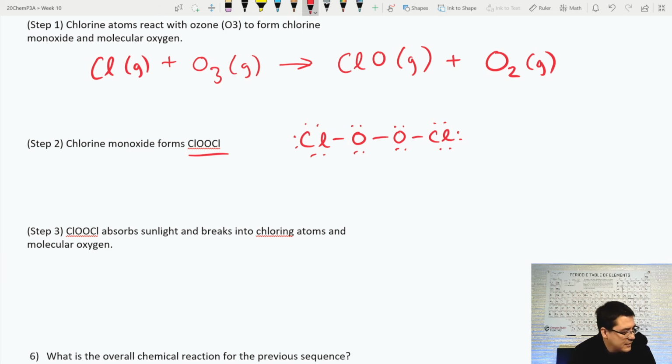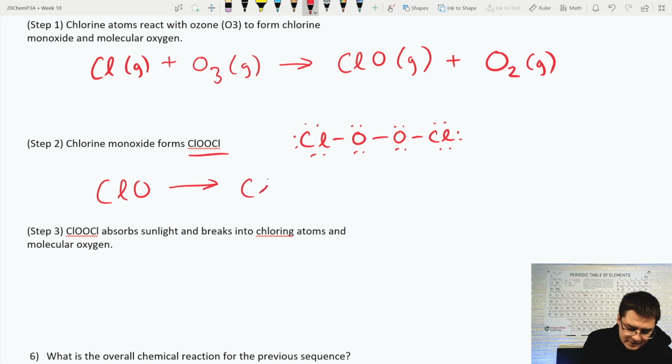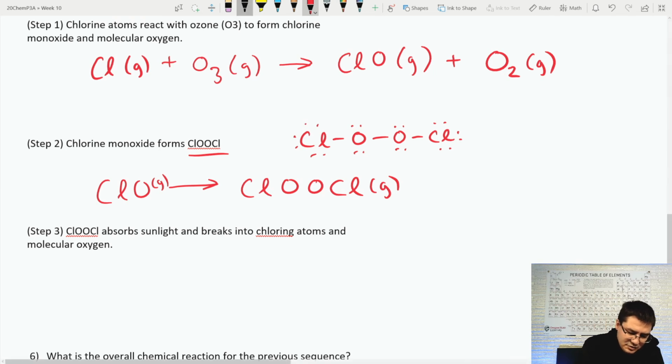So they write it differently so you can tell its structure. So chlorine monoxide, ClO, forms ClOOCl. Well, I think I need, oh, and these are in gas phase. I think the only difference is I need two ClOs, right, to balance it. And then that gives me two chlorines and two oxygens on both sides.